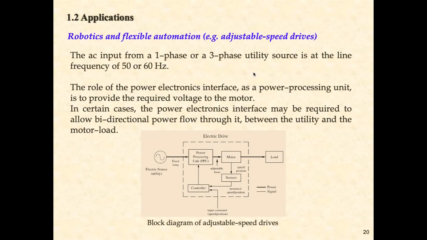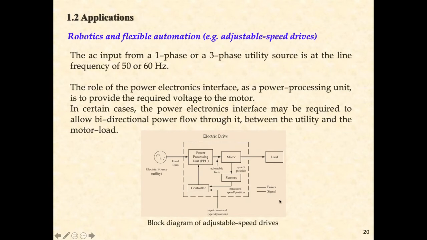This is because we can convert AC to DC, or if it is DC-DC conversion, we can also change or adjust the magnitude. It means that we can control the speed. The speed can be adjustable for motors. So this is one of the very common applications of using a power electronics interface.